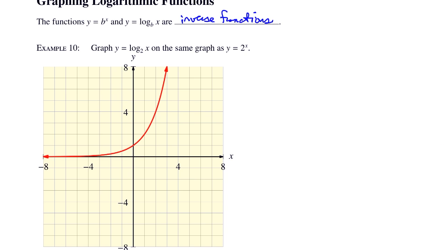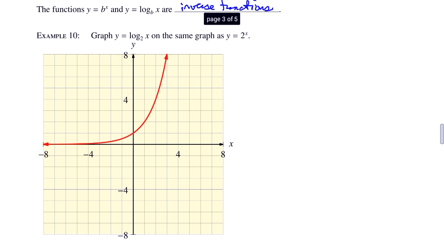We want to graph log base 2 of x on the same graph as y is equal to 2 to the x. Since they are inverse functions, what property do they have graphically? They are reflections over the line y equals x.